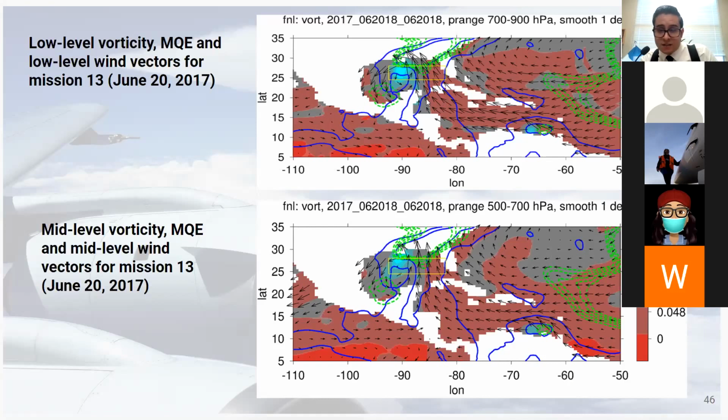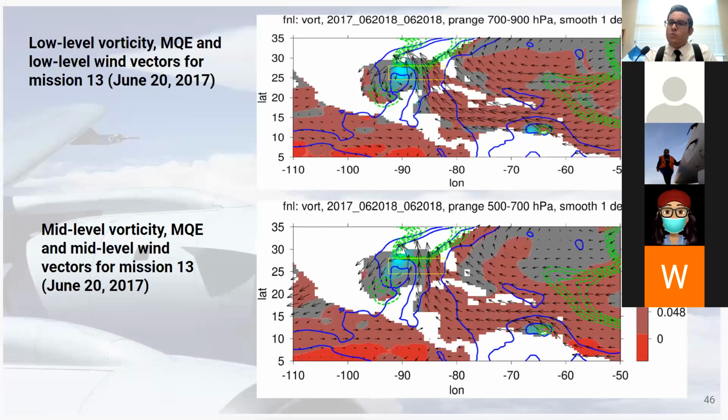So now the low-level flux is very enhanced from the Caribbean directly into the center of circulation of Cindy in the Gulf of Mexico, but the instability index is not very high. There's a similar situation in terms of the mid-level flux. Both the low-level and the mid-level fluxes are aligned, and they transport moisture into the center of circulation.